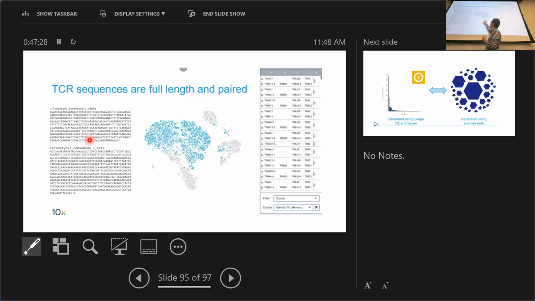Here I can color code all the T cells in this global cluster that contain the same T cell receptor combinations. We have many different possibilities, but for this sample, all the T cells share the same VDJ combinations.